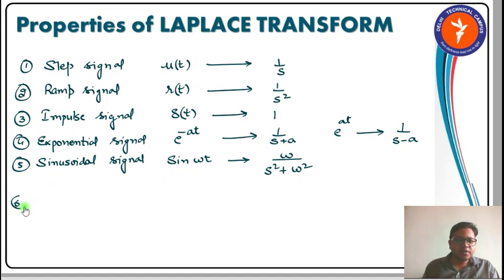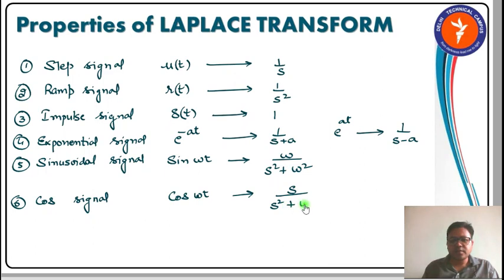And similarly, the cosinusoidal signal, cos omega t, will be s divided by s square plus omega square.